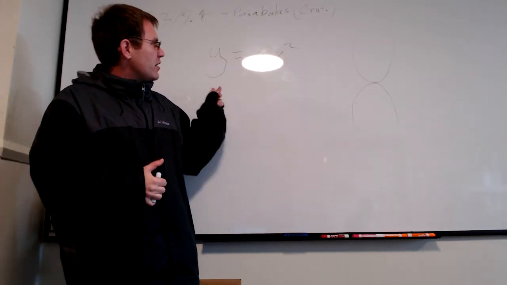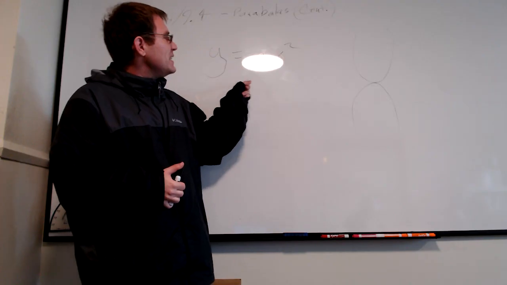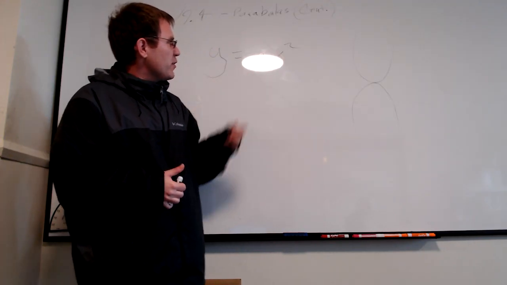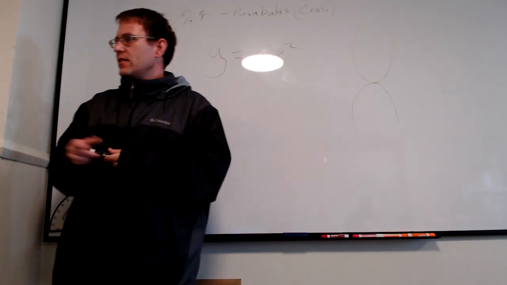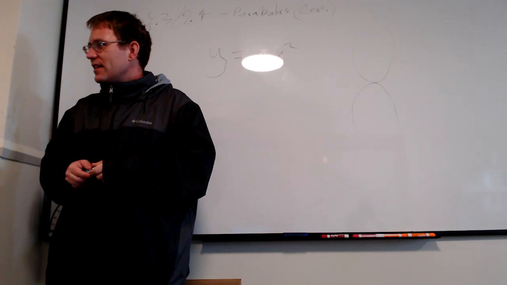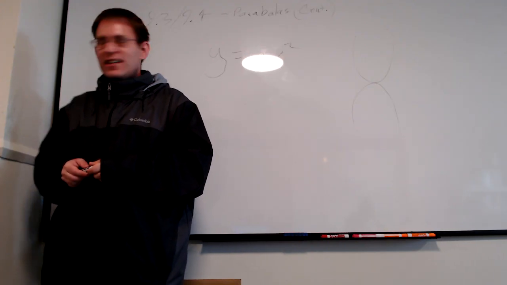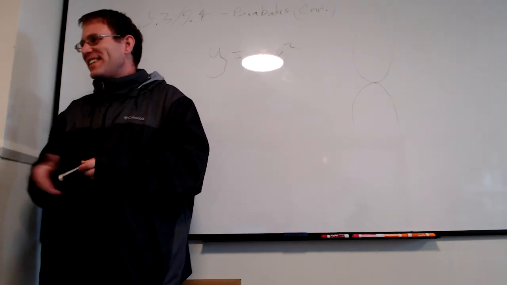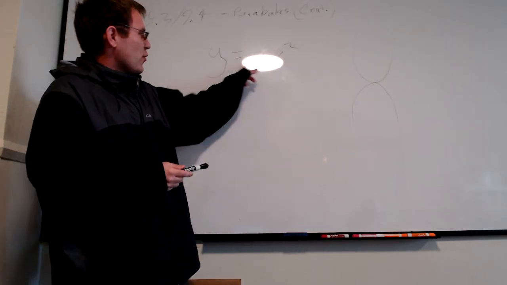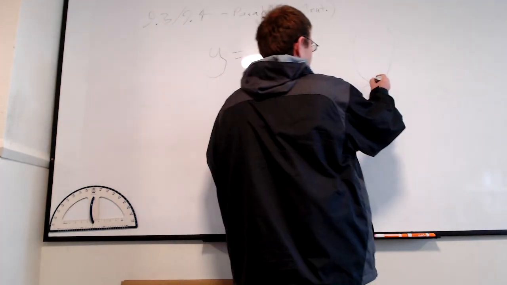What is the vertex of a parabola of this form? Yes, 0, 0 is the answer for the vertex.